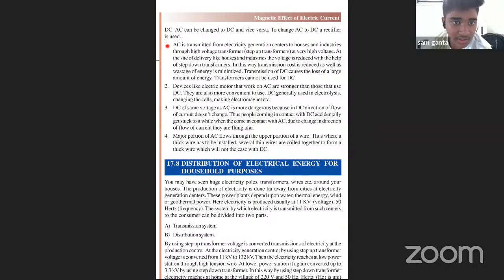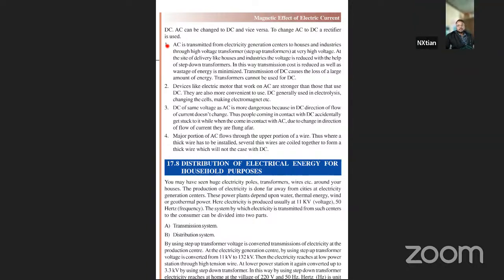At the site of delivery, like houses and industries, the voltage is reduced with the help of step-down transformers. In this way, the transmission cost is reduced as well as the wastage of energy is minimized. Transmission of DC causes the loss of large amounts of energy. Transformers cannot be used for DC.